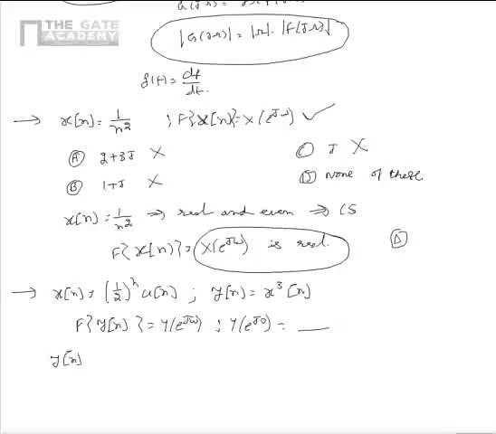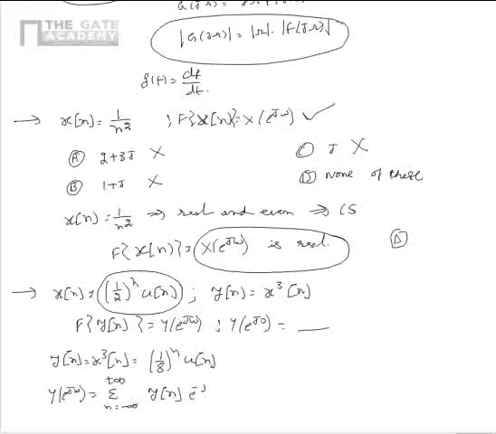We can see that y of n is equal to x cube n can be written as 1 by 8 whole power n u of n. This is by cubing the 1 by 2 whole power n u of n. So from this we can say that Y of e power j omega is equal to sigma n equal to minus infinity to plus infinity y of n e power minus j omega n.